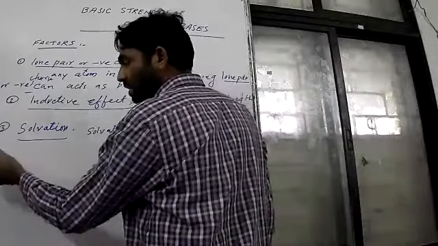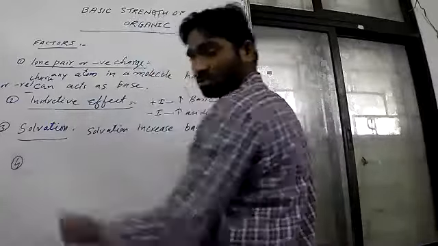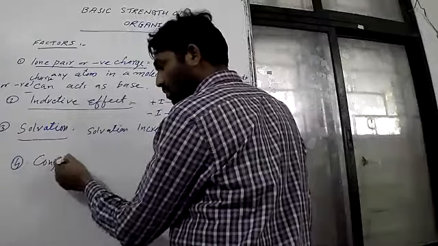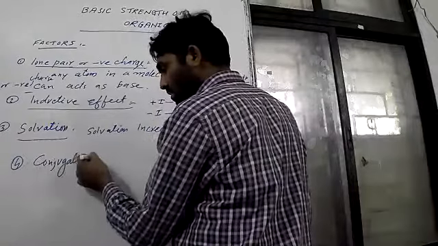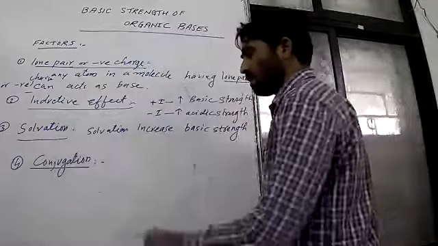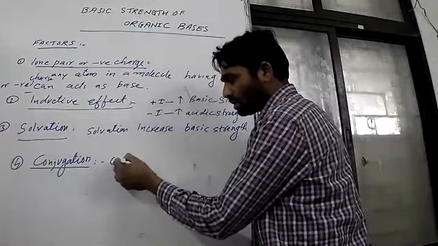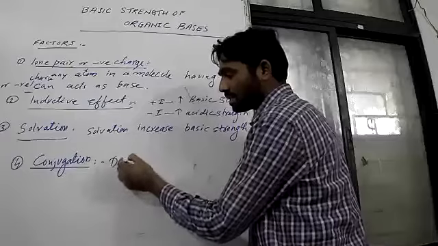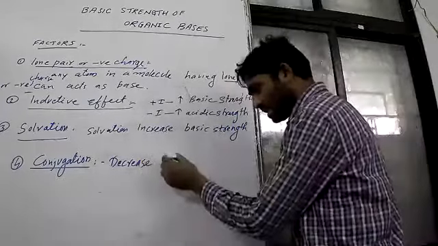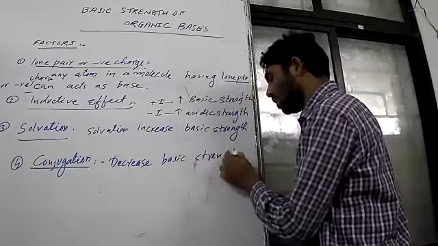And the last factor is conjugation. Generally, conjugation decreases basic strength, or strength of a base, but not all the time.